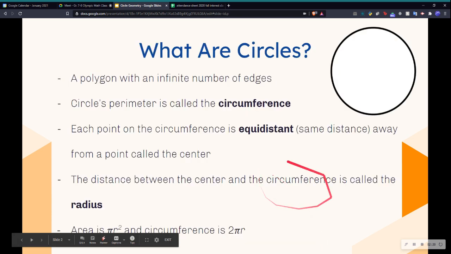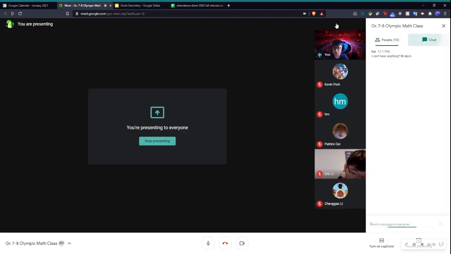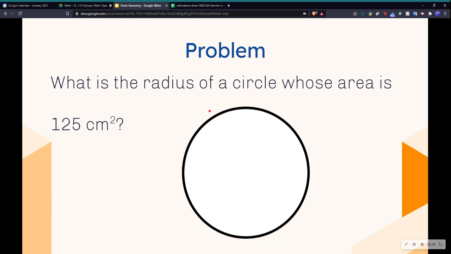Any questions about these concepts? No questions? Nothing in chat? Okay, let's move on. Let's just do one simple problem. What's the radius of a circle whose area is 125 centimeters squared? Give you guys a few seconds. Remember, area is pi r squared.